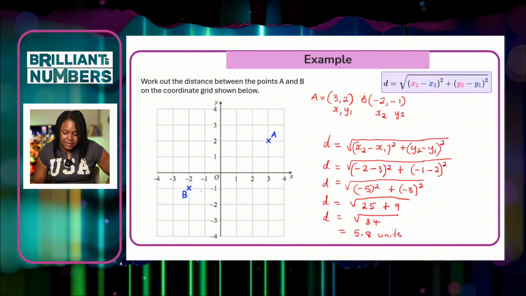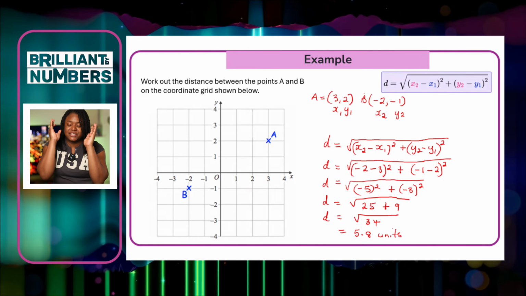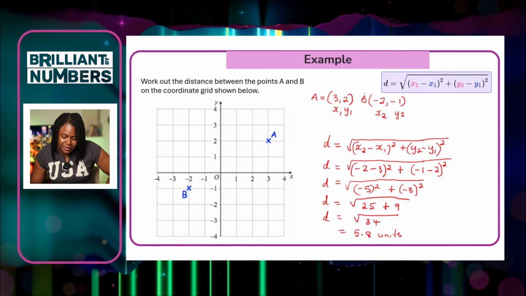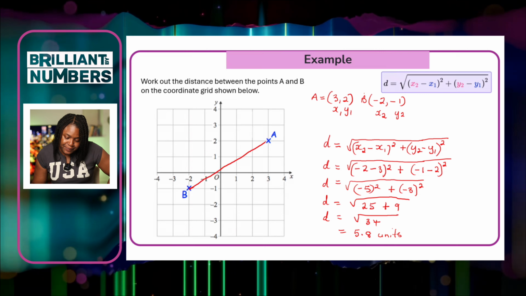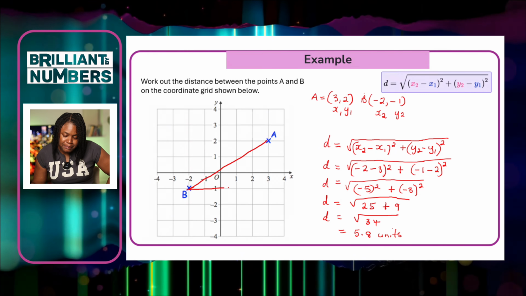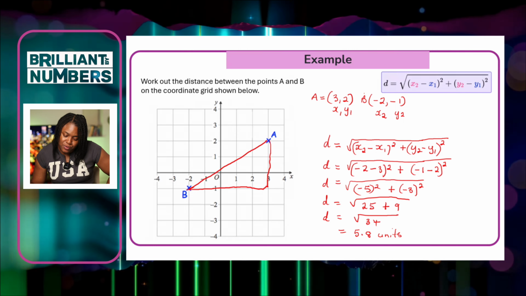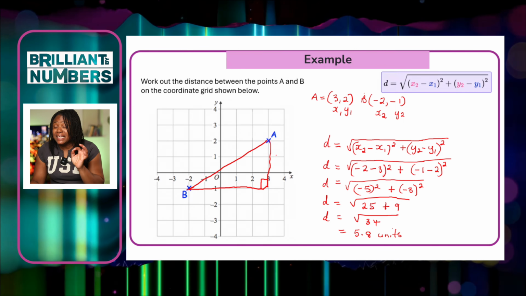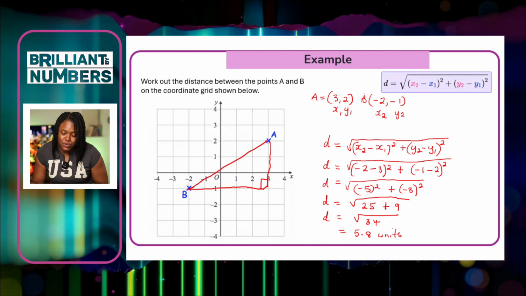So the distance, I'm just going to show you now how this makes more sense as you can visualize the Pythagoras theorem here. So let's have a look. If I join the 2 points together here and I go across and complete my triangle, I can see now I've got a right angle triangle. So basically what I was finding all along is the hypotenuse of the triangle.